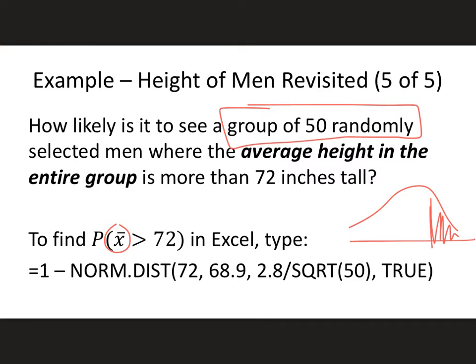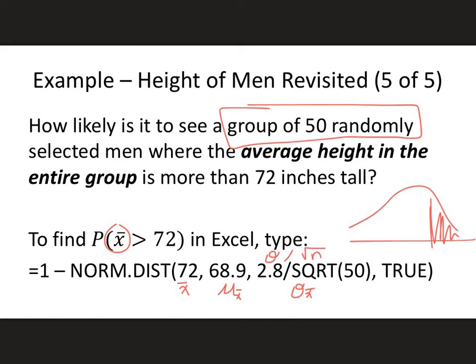You're going to see here that I'm using the same norm.dist, I'm just using some new information in one place. So our x is still staying the same. In this case, it's an x bar. Then we have our mu sub x bar, which is equal to mu. And then here we have sigma sub x bar. Now remember, this is the standard deviation, so you should have sigma divided by the square root of n.